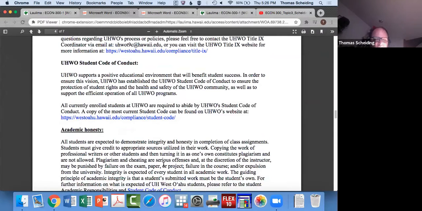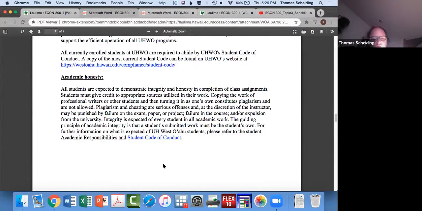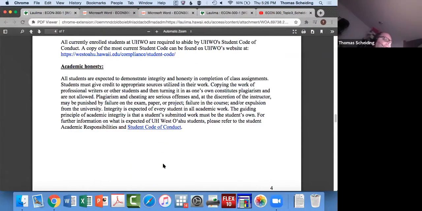Code of conduct and academic honesty. I will say this about academic honesty. Even with the multiple choice questions and even the exam, I would certainly expect that you will talk to others in the class. I suspect you will try to see if Chegg's got the answer or Quizlet's got the answer. I'm well aware that these things exist.